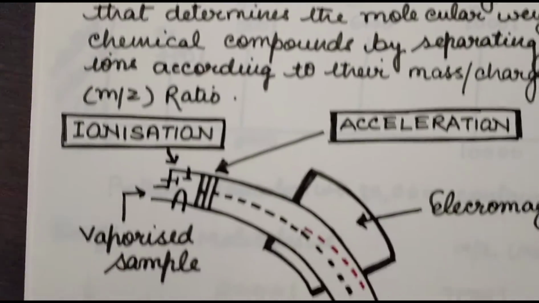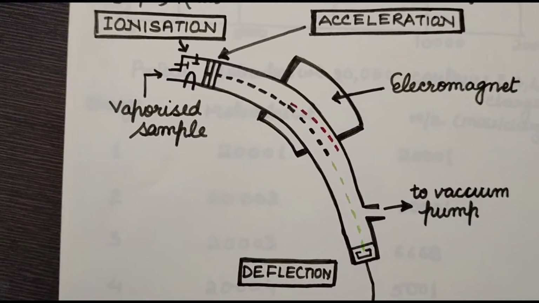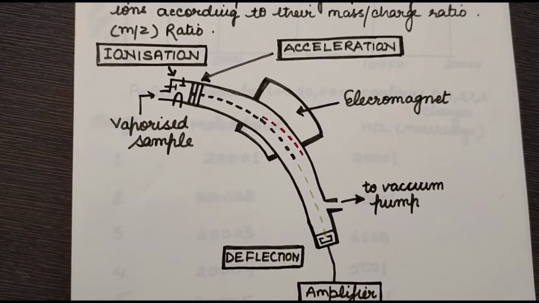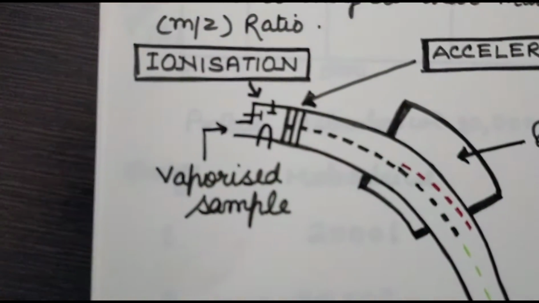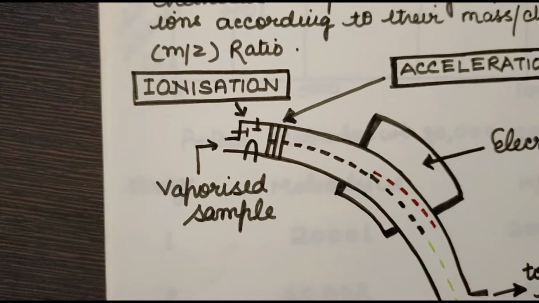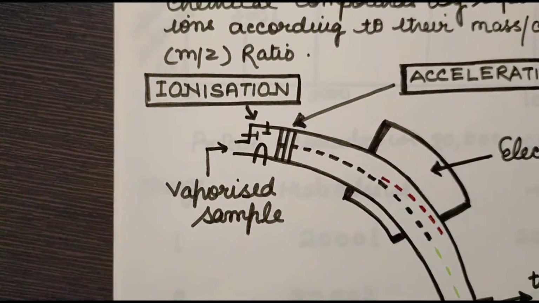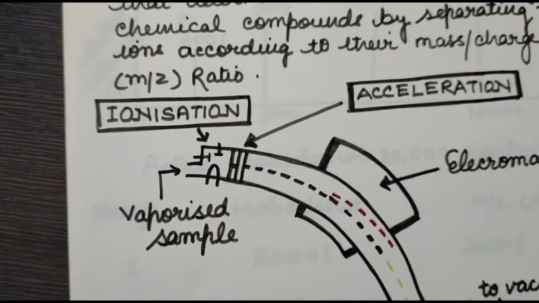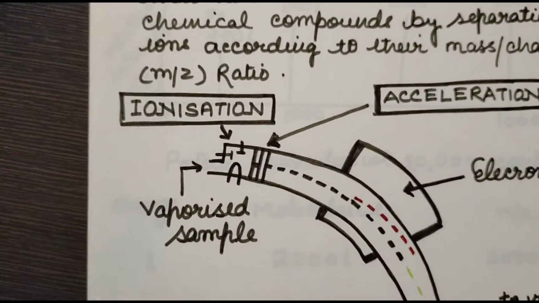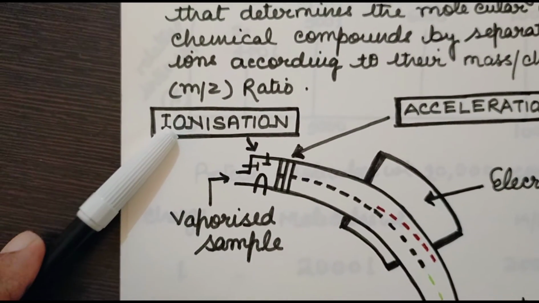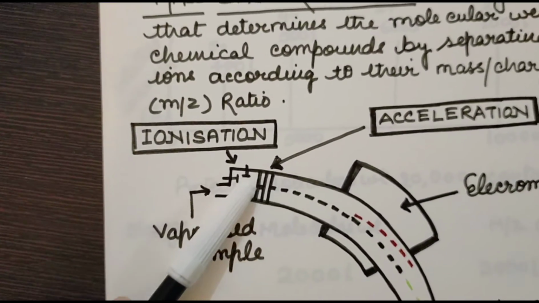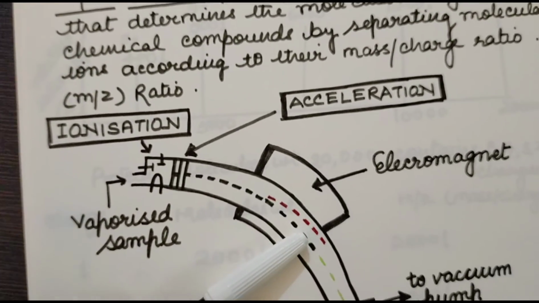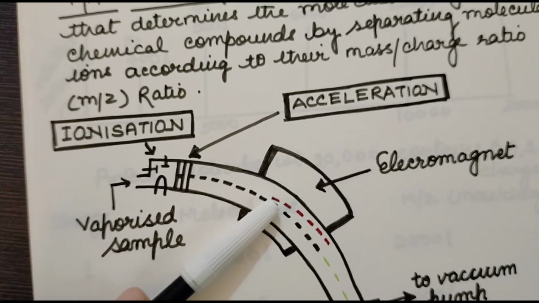First we will see the layout, the outline of a mass spectrometer. It is a very simple device. In this we use protein samples which are ionized and vaporized. How we prepare these, I will tell later. These vaporized and ionized samples we direct inside the mass spectrometer. Afterwards, with the help of an electromagnet we direct them.